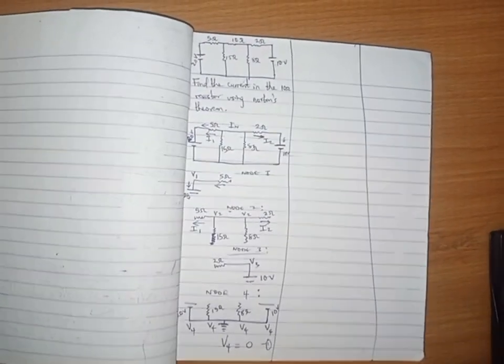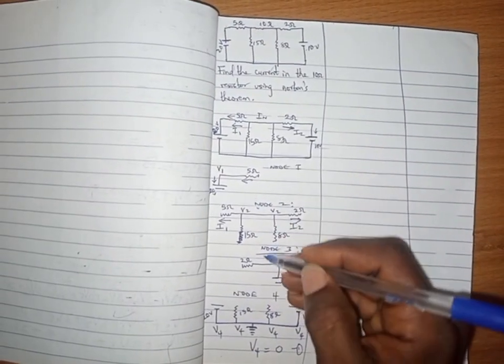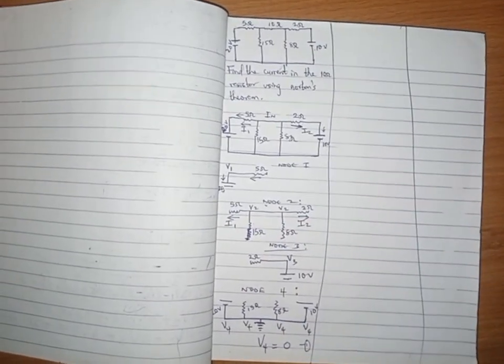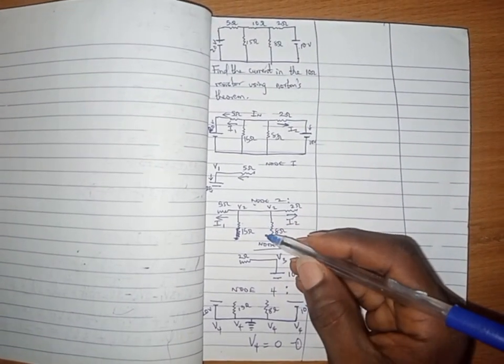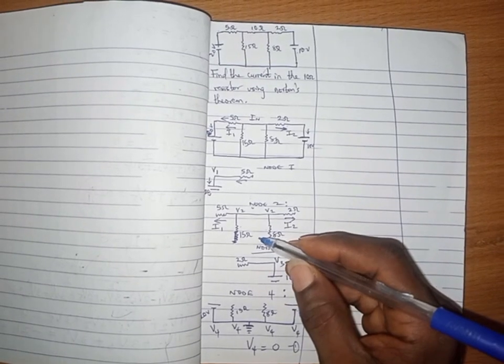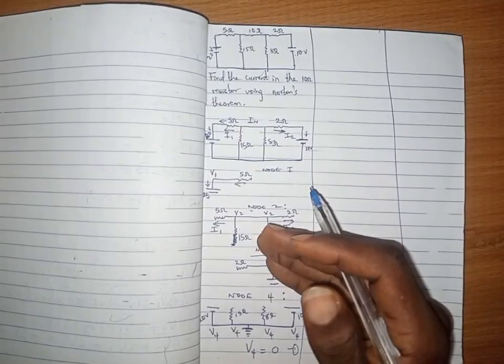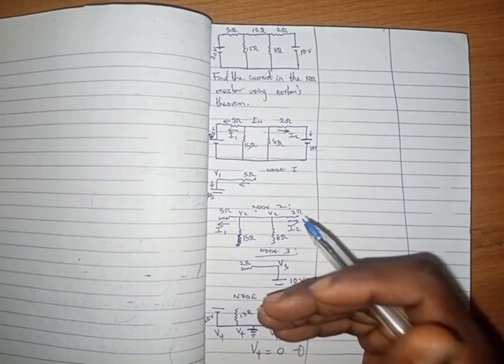Then on the inside, I can see this particular node. We remember that we said that current moves from higher potential, that is, a region of high voltage, to low voltage. So we always take it that node 1 has more voltage than node 2, and node 2 has more voltage than node 3. So the ground is the lowest node.